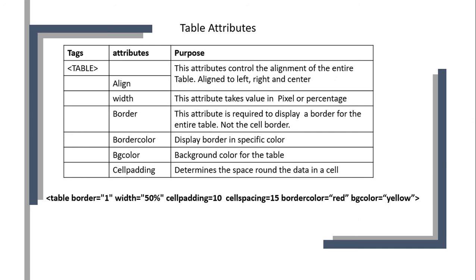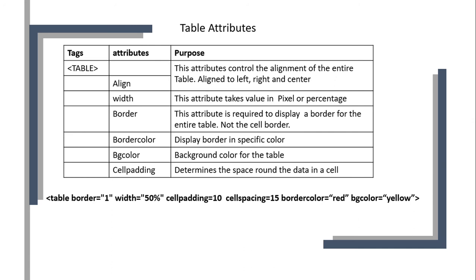Cell padding is most probably used whenever we write some text inside your table, and the table shows the information with the data, and the data leaves space from your border. That is cell padding.